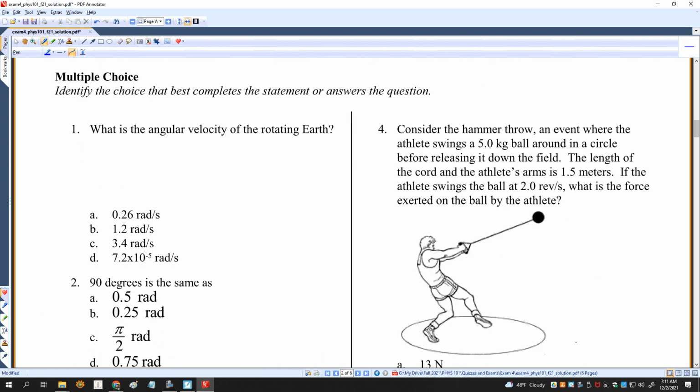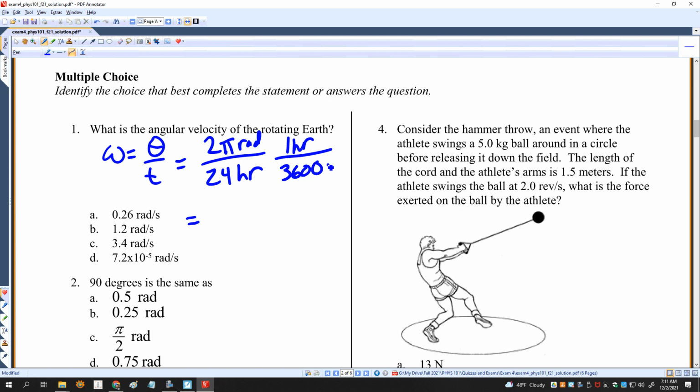What is the angular velocity of the rotating Earth? Well, that's going to be theta over t. It goes through 2 pi radians in 24 hours. That's what the rotating Earth does. So that's going to be 2 pi divided by... Oh, I need to convert this to seconds. So in 1 hour, there are 3,600 seconds.